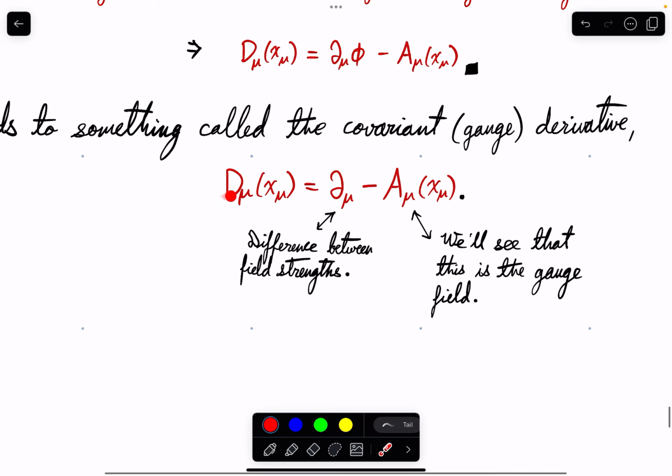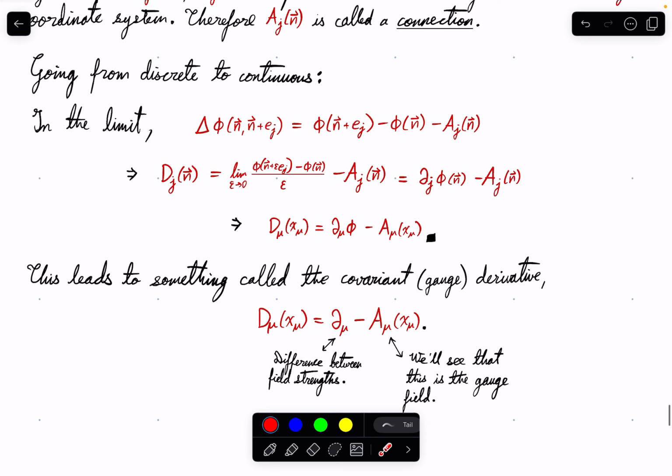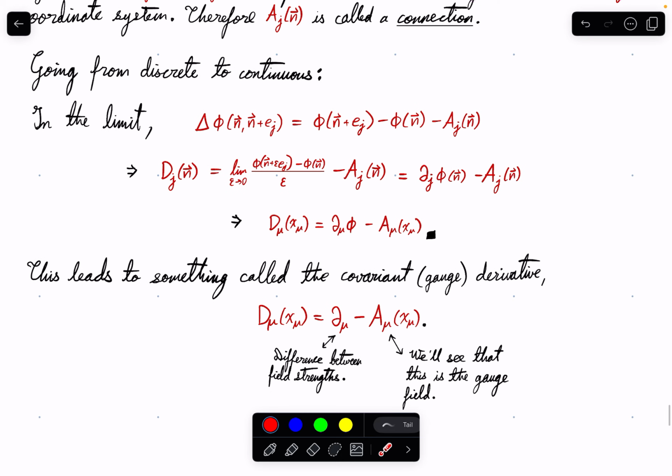So when you take the covariant derivative of a field, you first look at the difference between the field strengths, and then you take away the connection, which turns out the connection is the gauge field. For electromagnetism, the gauge field is the electromagnetic vector potential, and so that would be this here. We'll talk about that more in later videos. Hopefully this just helped with understanding how local coordinates work.